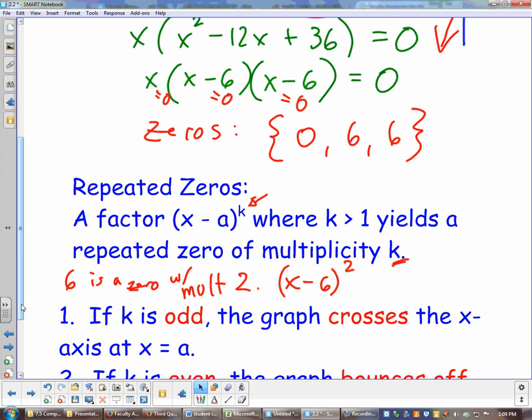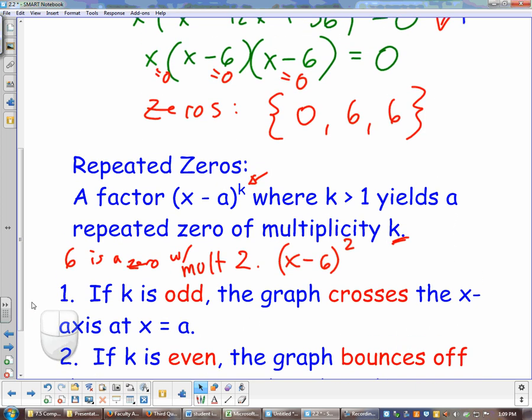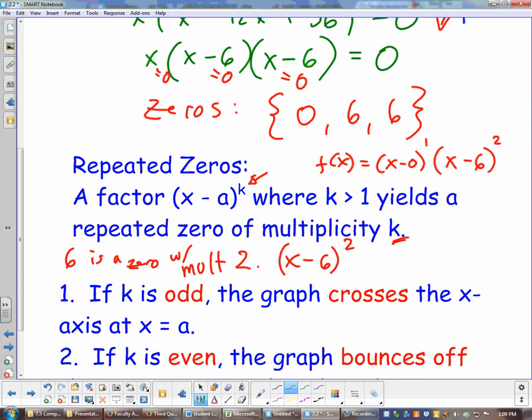If k is odd, then the graph crosses the x-axis at x equals a. So in this case, we could have written this polynomial function as x minus 0 to the first and x minus 6 to the second. Would you agree? So the 0 is a 0 of the function with multiplicity 1, but 6 has a multiplicity 2, right? So since k is odd for the 0, then the graph crosses the x-axis at that point.